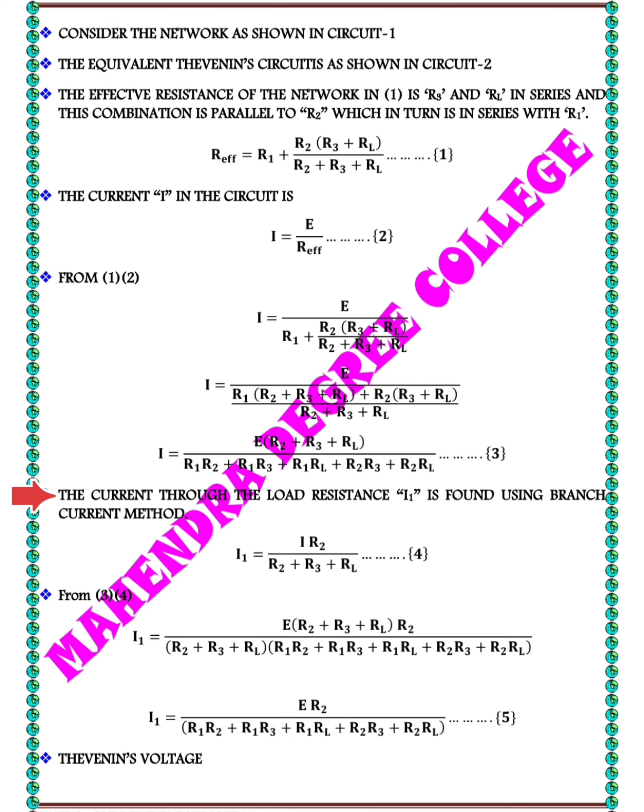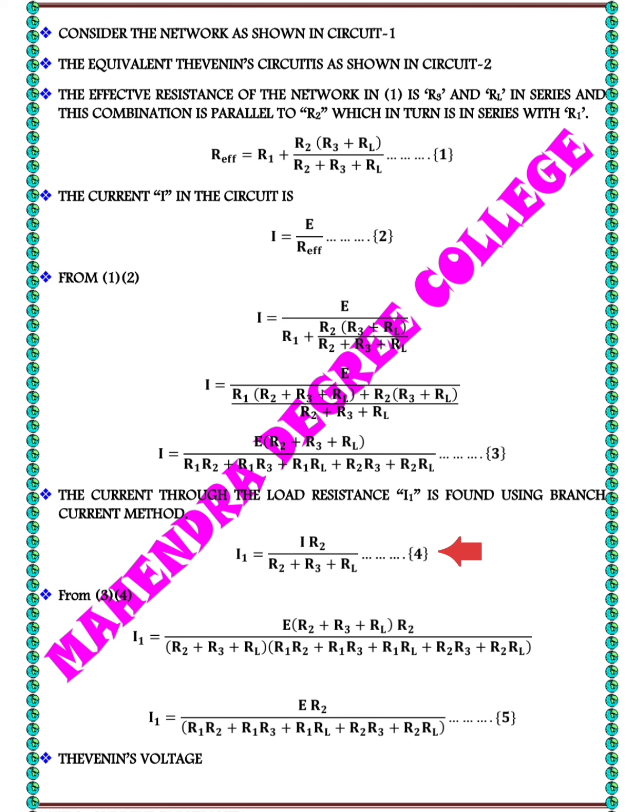This method is a fundamental approach to analyzing DC networks. The current through the load resistance I1 equals IR2 by R2 plus R3 plus RL. This is equation number 4.